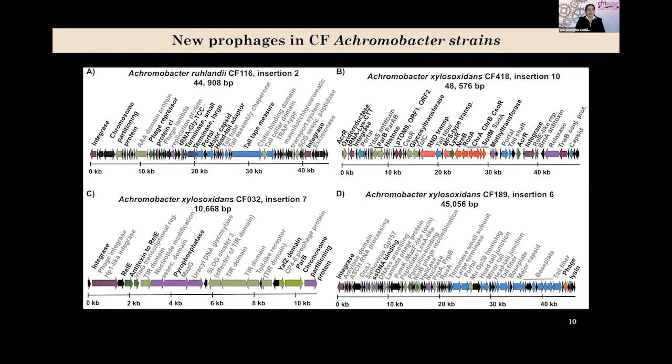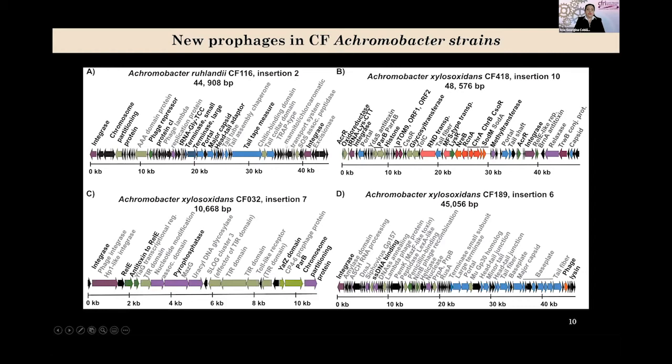So here, what we were talking about, the specific ways phages can modify the host metabolism. For example, here in just this phage isolated from CF116, we see all the components to create a phage capsid, which a phage should have. We see integrases, which are the proteins that the phage uses to get inside the host genome.